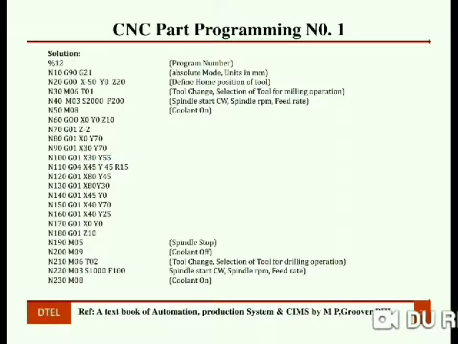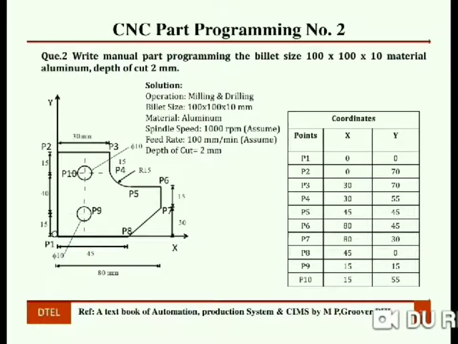Then from N60 onwards, N60 is G00, X0, Y0, Z10. Initially we have taken the initial position, that is P1 position. We can observe from the diagram, and graphically I am going to show, this is your origin, and from that origin you have to start the operation.